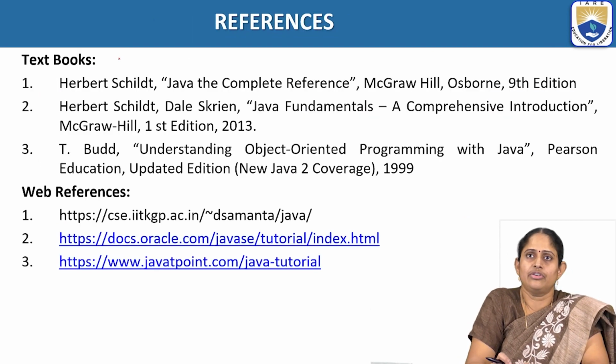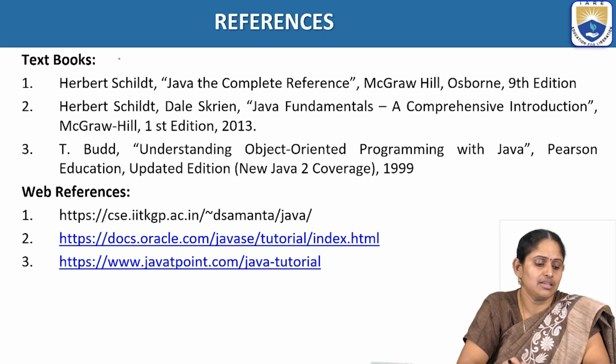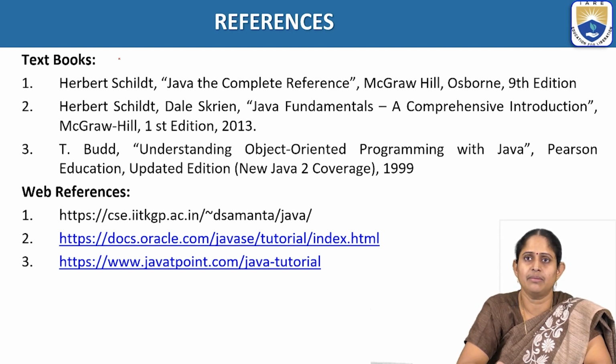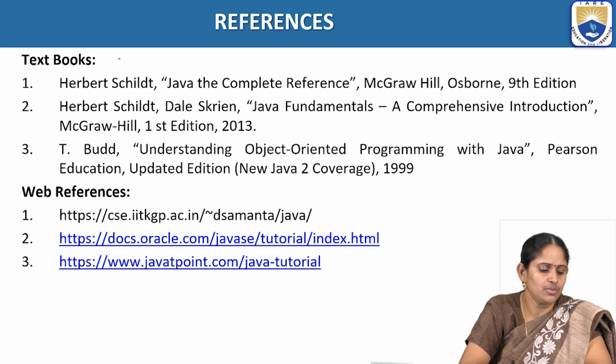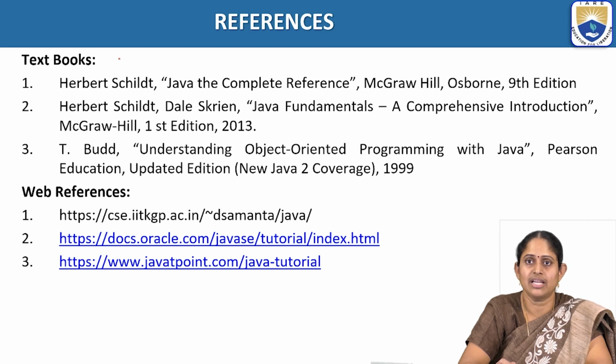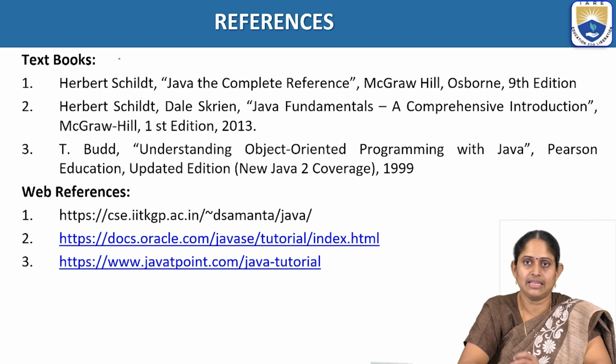So that is all for the video today. In preparing these slides, I have used the Java Complete Reference written by Herbert Schildt, the 9th edition, and I have also used the Oracle website for the Java tutorial, and the JavaTpoint website.